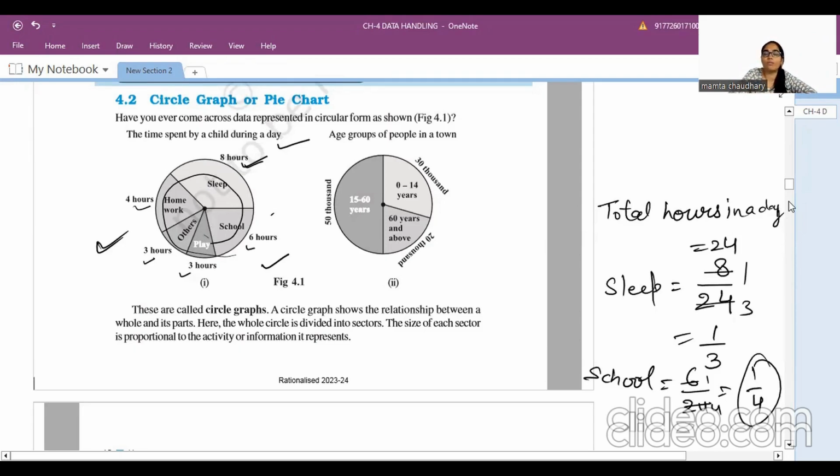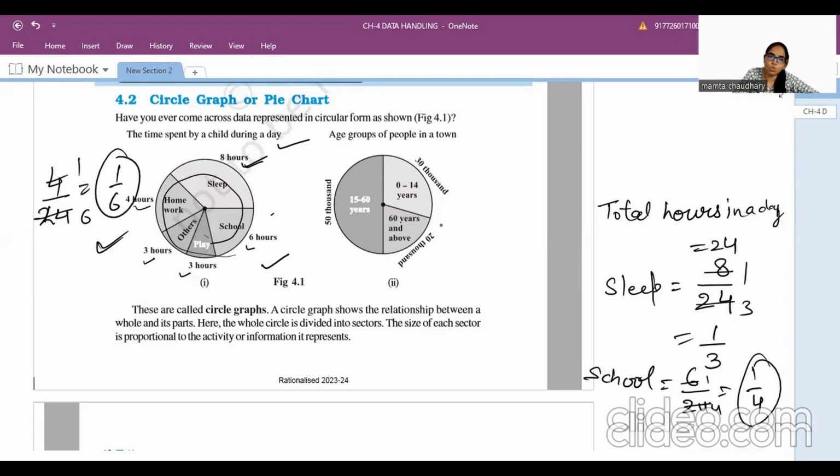So like that you can find for different things. Okay, let's find for homework. For homework, 4 out of 24. 4 ones are 4, 4 sixes are 24. It means 1/6 portion of this circle a child is spending in doing homework. Now for playing, 3 hours. So 3 hours out of 24. 3 ones are 3, 3 eights are 24.